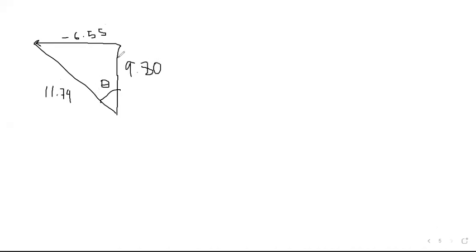Using whichever trigonometric ratio you'd want, you'd be able to find this angle. I would think to use the hypotenuse and the adjacent in this case. So I'll say cos theta is equal to the adjacent, which is 9.80, over the hypotenuse, which is 11.79.